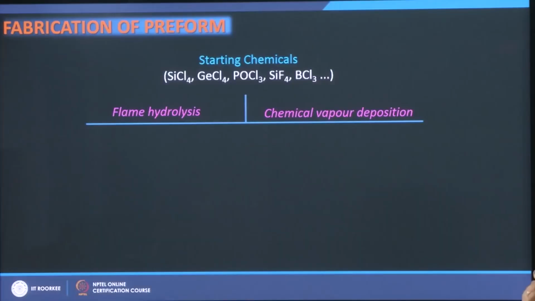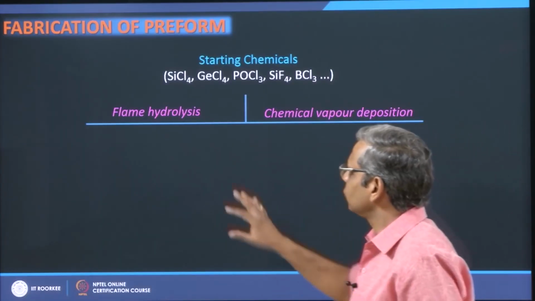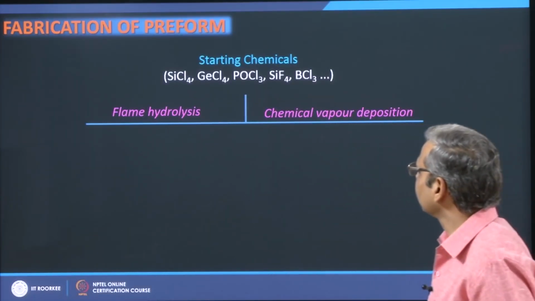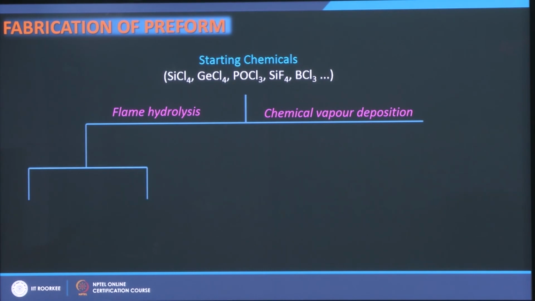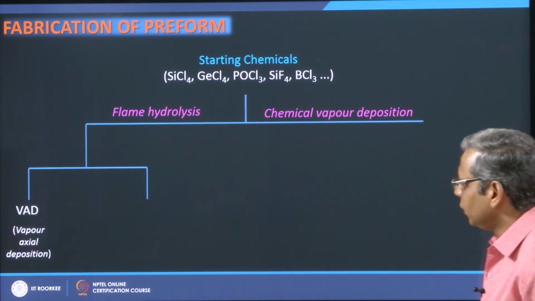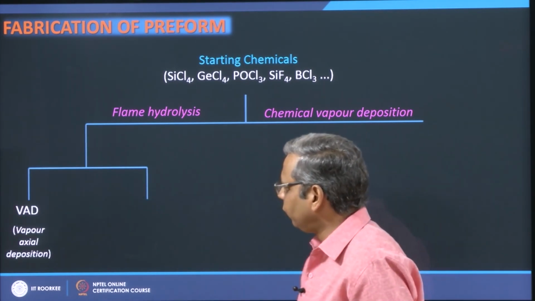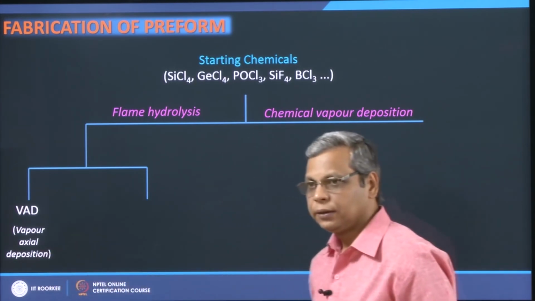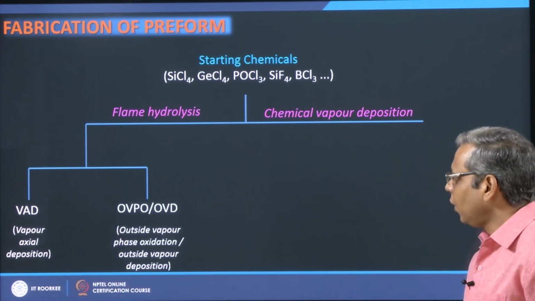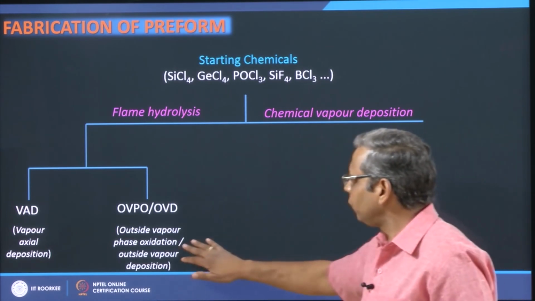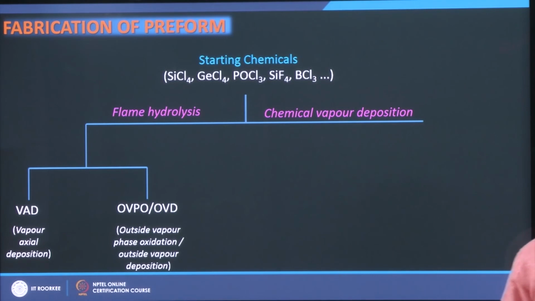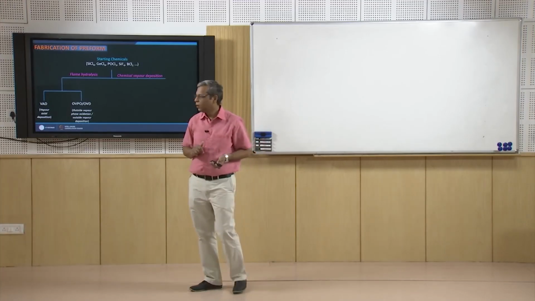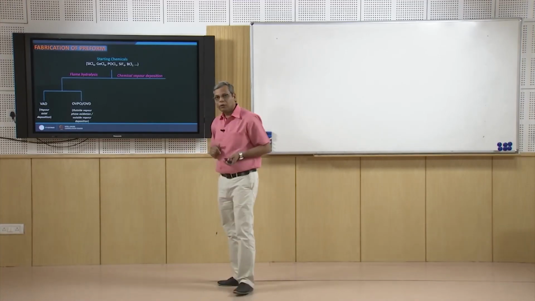When you increase the temperature to such a high value, 2000 degree centigrade, then this tube is collapsed, and from hollow tube you get a solid rod, okay, and this solid rod has in the center the core layers and outside the cladding layers, and this is called preform. So, in this way you can make preform.